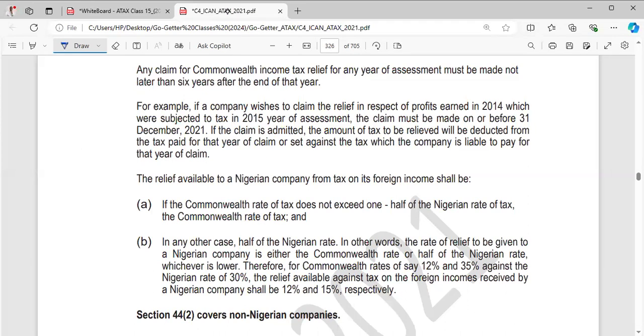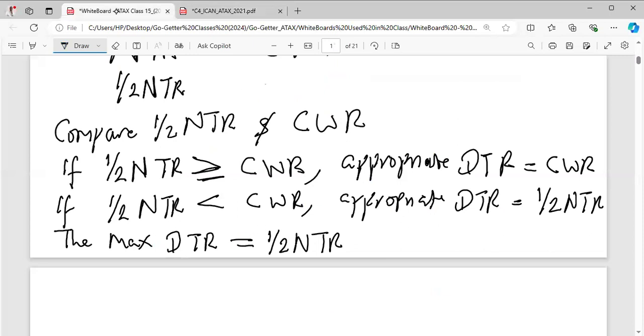So what we are seeing here is to compare these two. So you say DTR is lower of each.